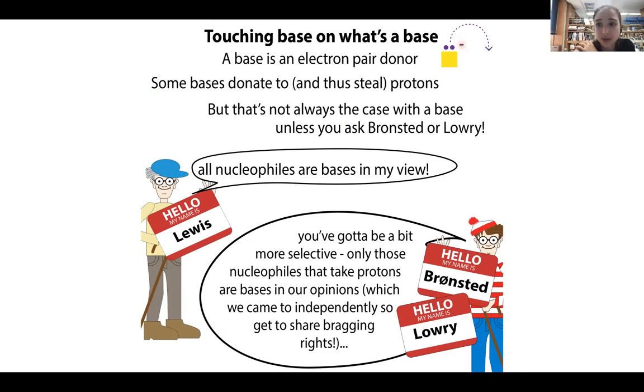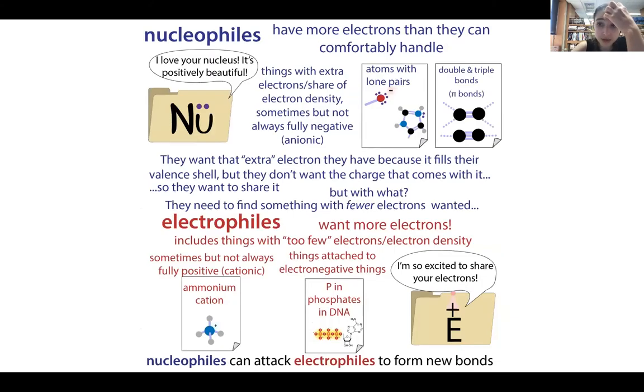And that an acid is an electron pair acceptor, and then it gets kind of confusing, and like, where is this coming from? So this goes back to what we were talking about the other day about nucleophiles and electrophiles. A nucleophile is something that has extra electrons or electron density. These are often, but not always, fully negative, and they often have a lone pair of electrons.